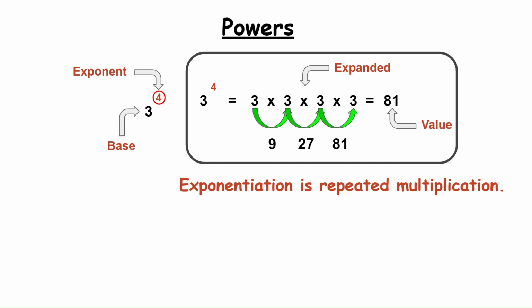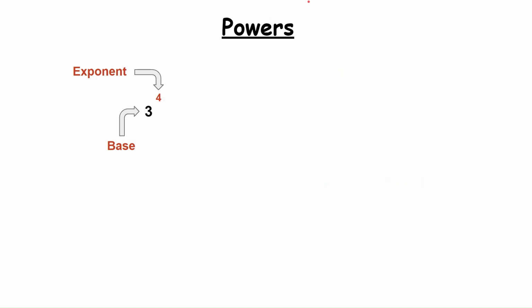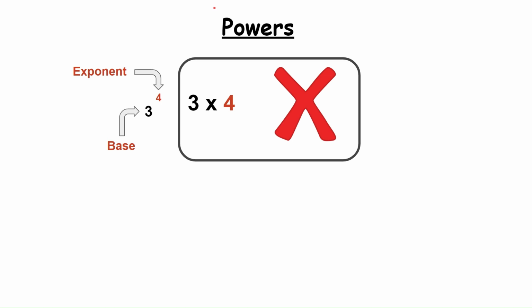And that's really important to remember because a very common mistake is that the base and exponent are multiplied together. And that is incorrect. So again, always remember the exponent tells us how many copies of the base are to be multiplied. These two are not to be multiplied by each other.